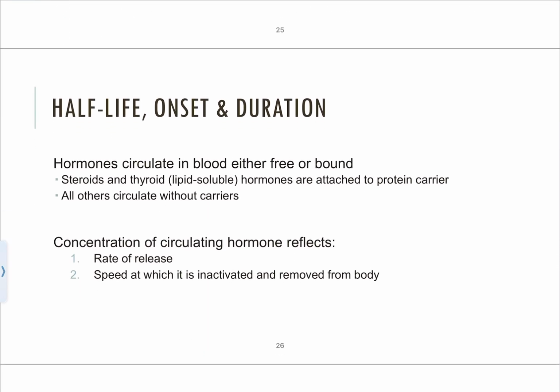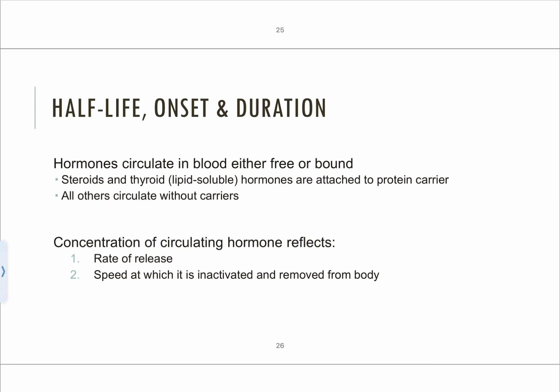Just quickly, I'm mentioning the half-life, onset, and duration. Hormones, when they're in our circulation in our blood, are either circulating freely by themselves or they have to be bound to something. If we're talking about our lipid-soluble hormones, so steroids and our thyroid hormone, those are going to have to be attached to some sort of protein carrier. Because they are lipid-soluble, they need to have something else.